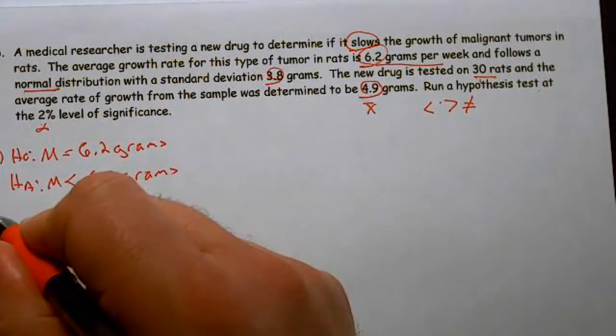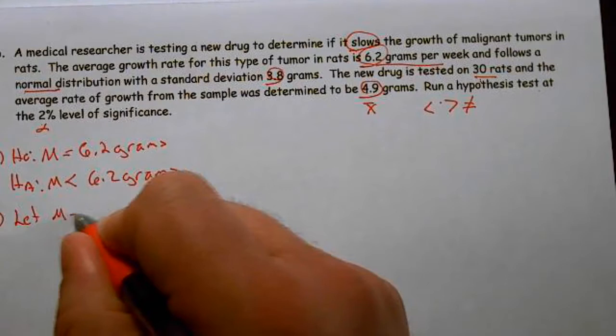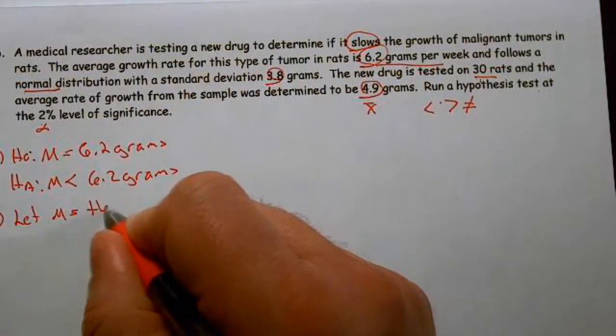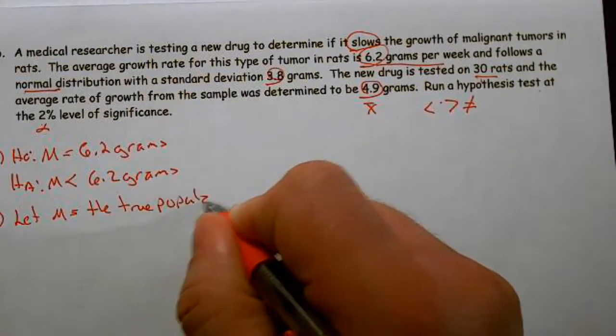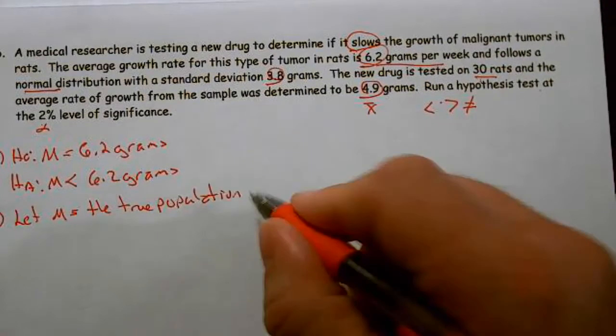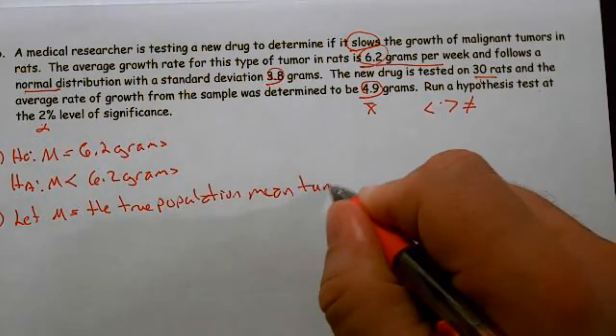Then number 2 is defining it. So let mu equal the true population mean tumor growth rate.